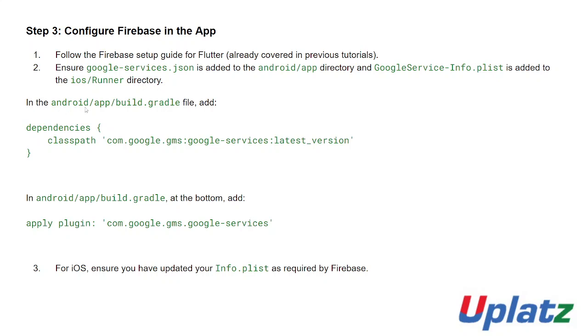In the android/build.gradle file, add the following: dependencies, then within the brackets, classpath, within quotes, com.google.gms:google-services, latest version.